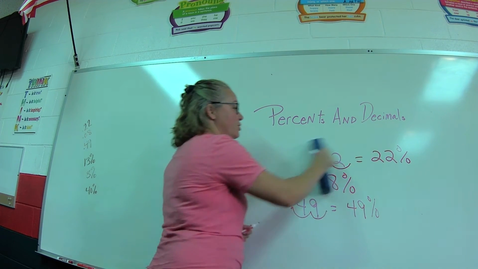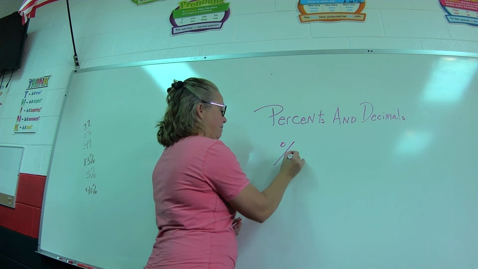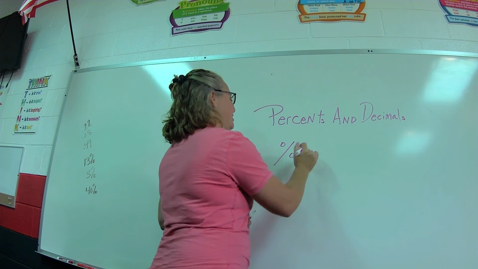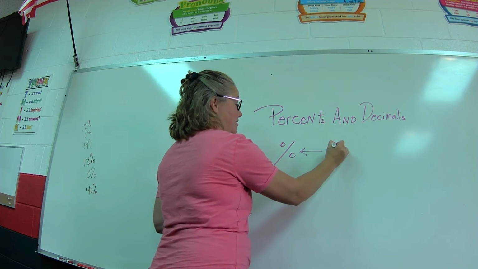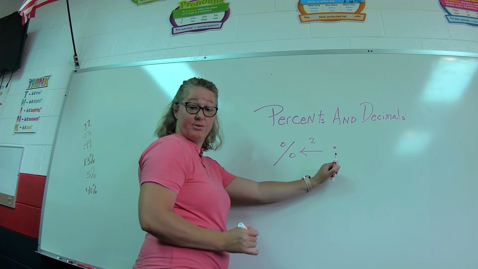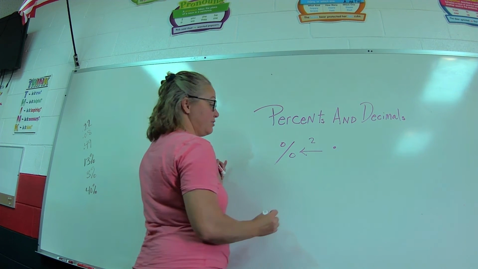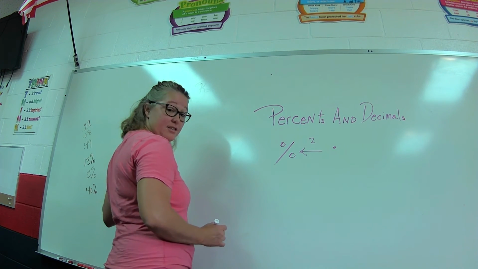So if we're going percent to decimal, we're going 2 places to the left. Percent to decimal, 2 places to the left.